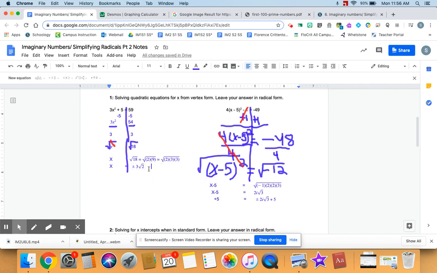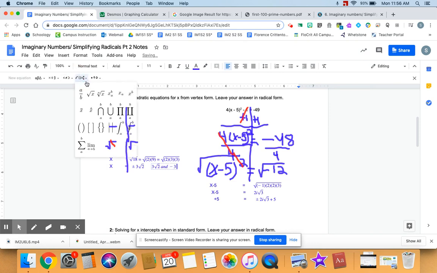So I could write it like this, or I could have said 3 root 2 and -3 root 2. However, mathematicians like to be lazy and they don't want to have to write the whole expression again, so they just write the plus minus in front to say both, the positive and the negative.